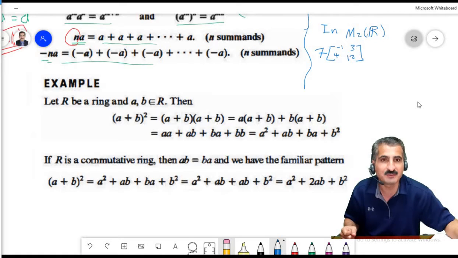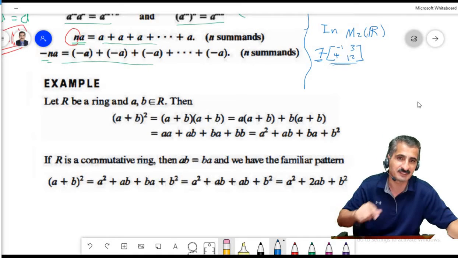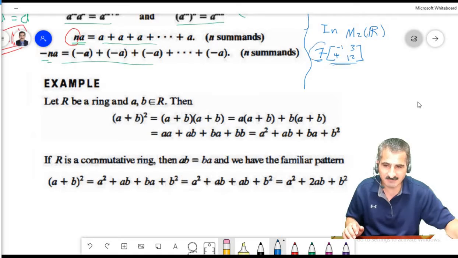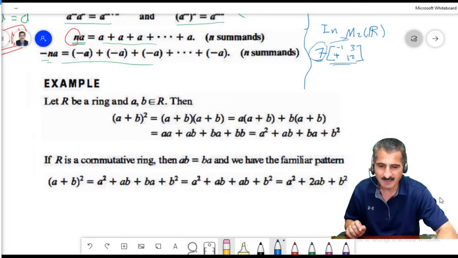You have no problem with that, right? That means you will add this matrix to itself 7 times, or just multiply the 7 into the entries. But this thing here is not from the system. So it's a matter of notation, okay?